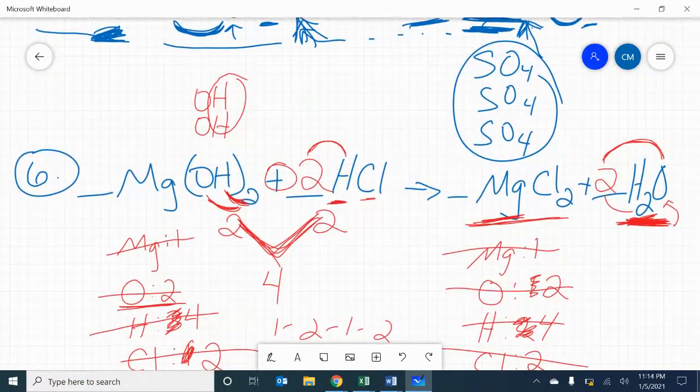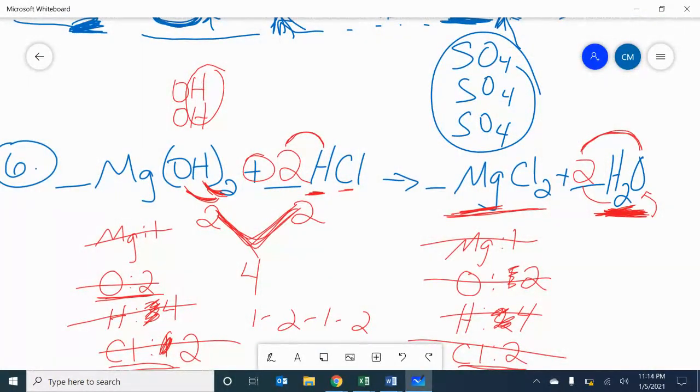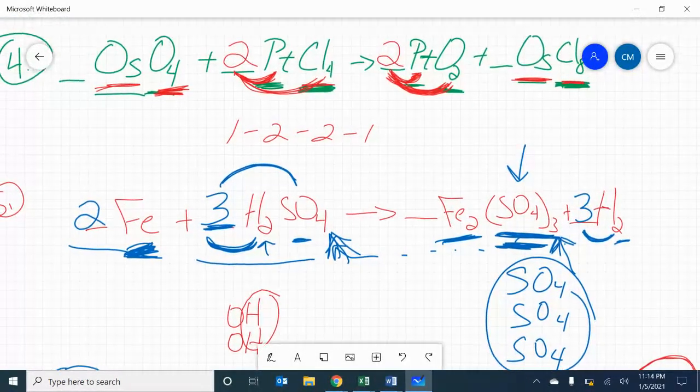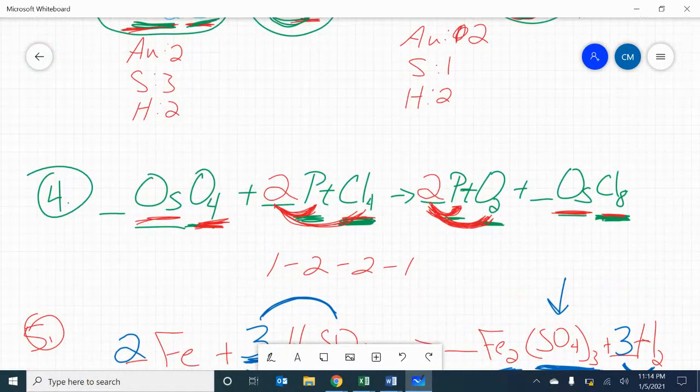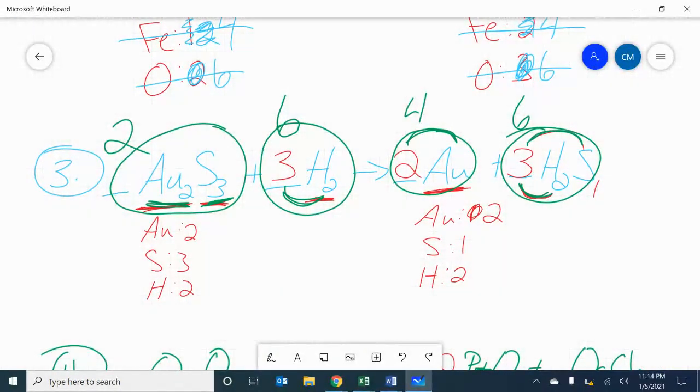This one, it looked like we had a polyatomic ion on the left, but we didn't have an OH on the right. So we actually have to split it up and compare. So just be aware of that. This one, we did have a polyatomic, SO4 on the right, and we did on the left. So compare SO4 to SO4. Don't compare S to S or O to O, because you might end up having to add them to other O's. Number 4, let's just pick one and balance. Number 3, pretty much pick one and balance.